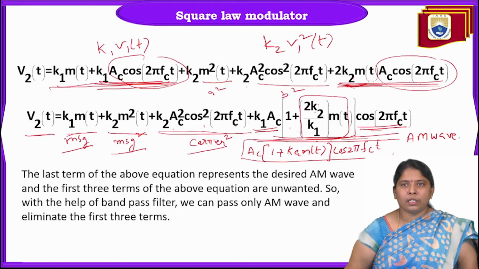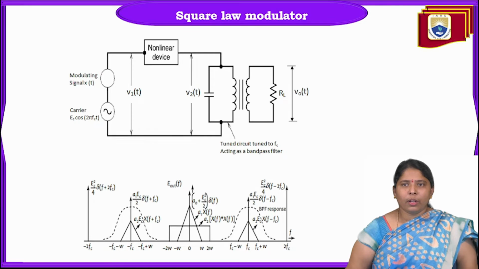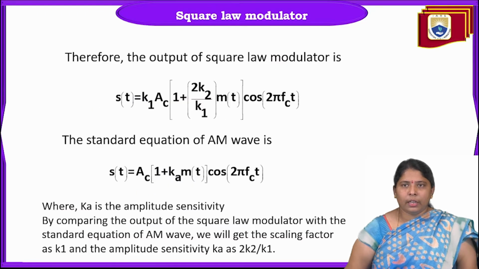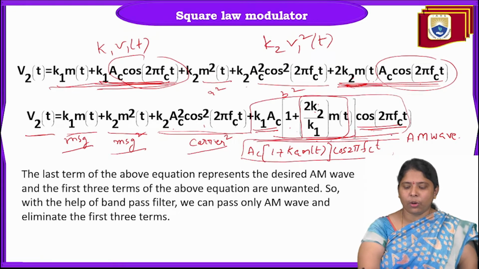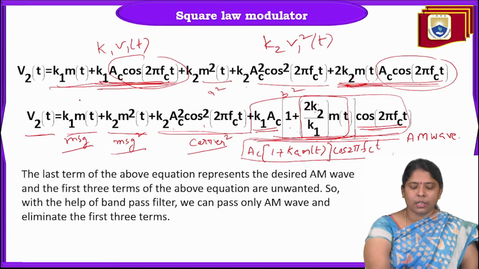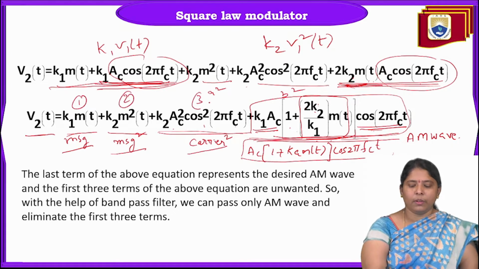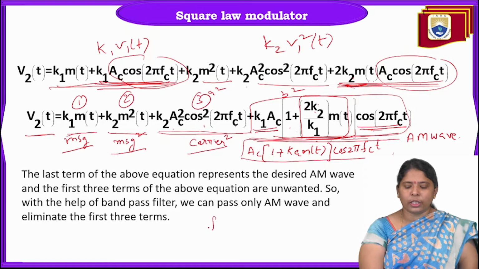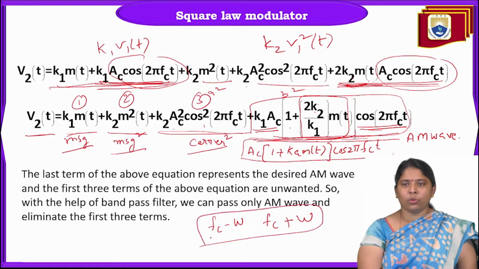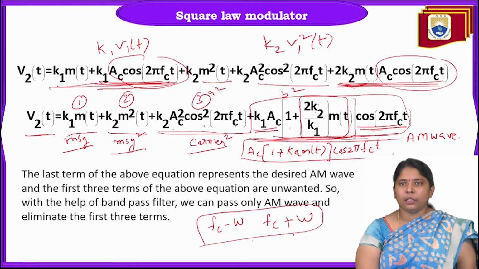The band pass filter is designed such that it allows only the frequencies from the lower sideband to the upper sideband, that is, only Fc minus W to Fc plus W. The fourth term is going to be allowed through the band pass filter. The first, second and third terms are rejected by the band pass filter.